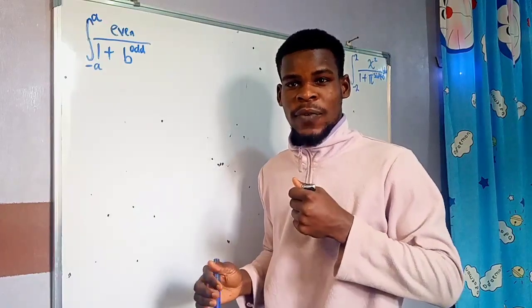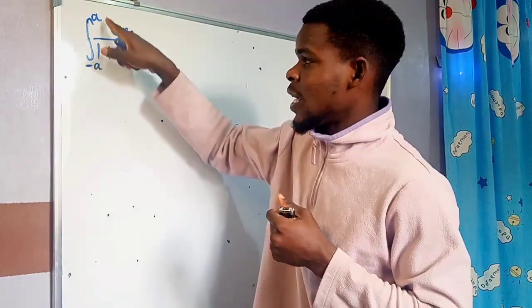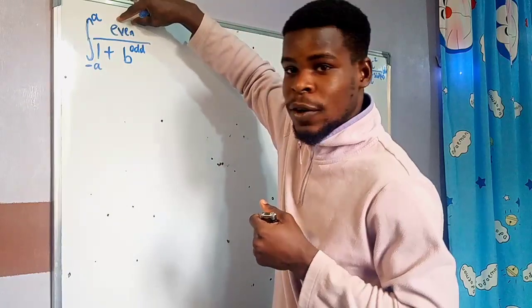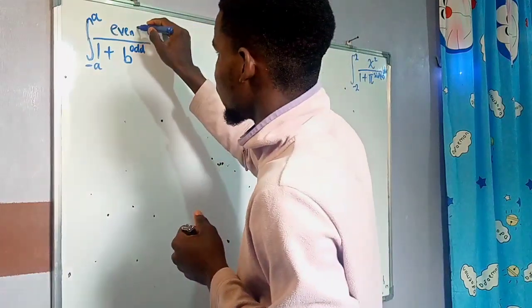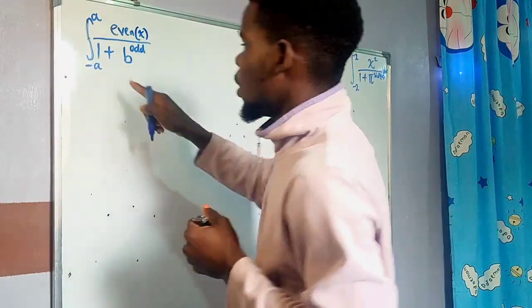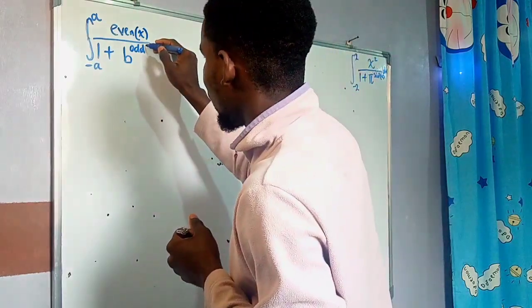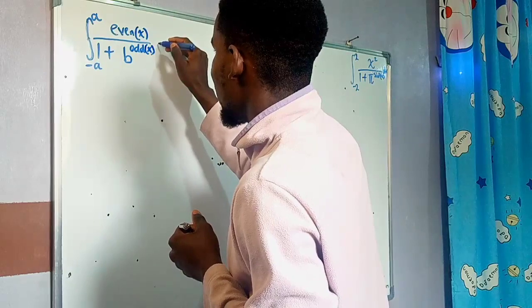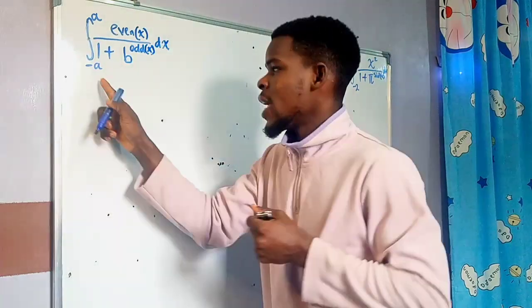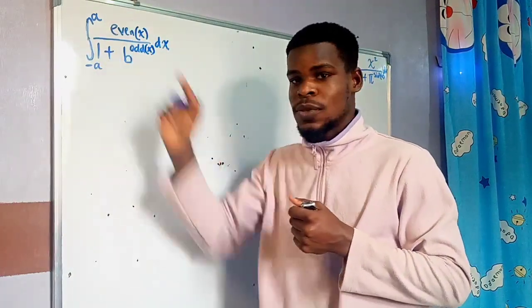So if you are given to find the integral from negative a to a of an even function, let's say an even function of x, divided by 1 plus b raised to the power of an odd function, let's say an odd function of x, and we have to do that over the x variable where x goes from negative a to a.